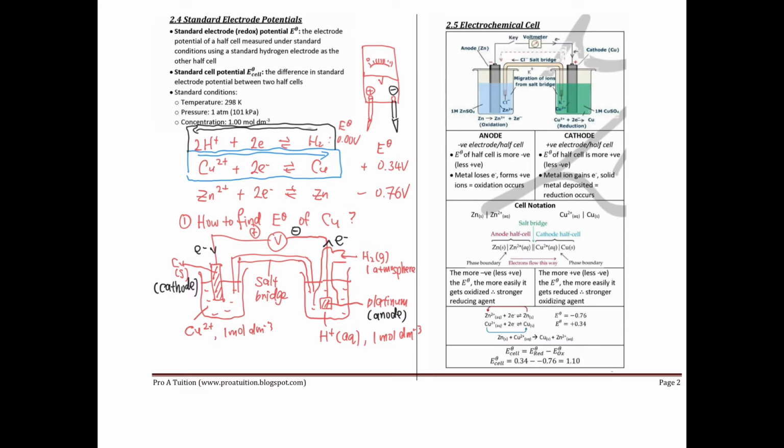This time it is the other way around: the anode is a negative terminal and the cathode is the positive terminal. But you have to know that the anode always goes through oxidation, and reduction still happens at the cathode, same as the electrolytic cell.